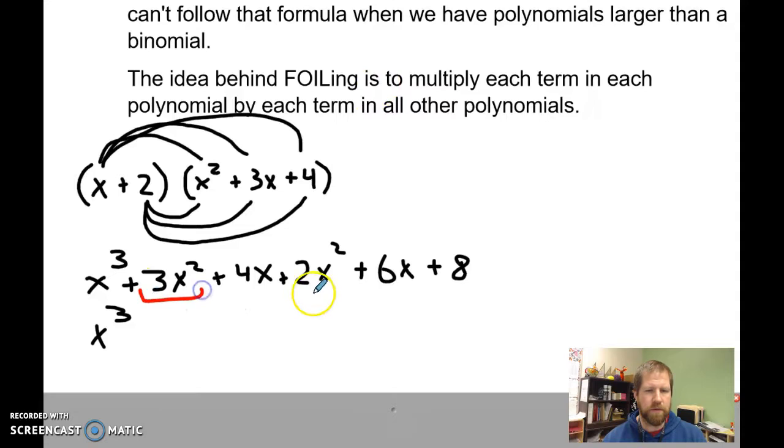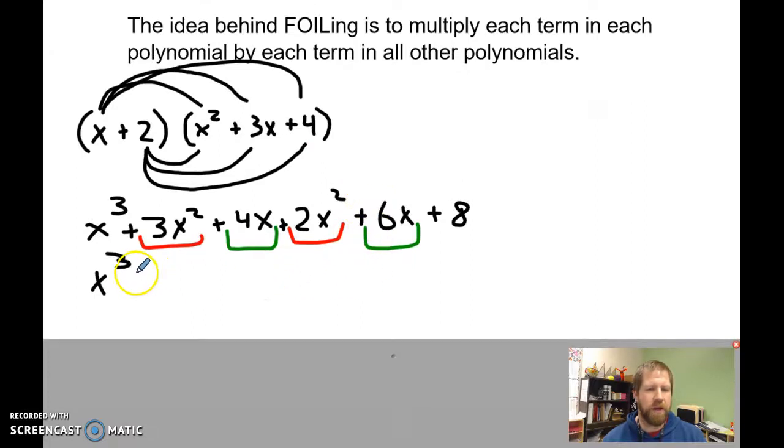I sometimes start to take shortcuts with these and not identify my like terms as well as I should, but it does help to identify those like terms so you don't make any mistakes. So 3x squared plus 2x squared is going to be 5x squared. 4x plus 6x, 10x, plus 8. And there's my resulting polynomial.